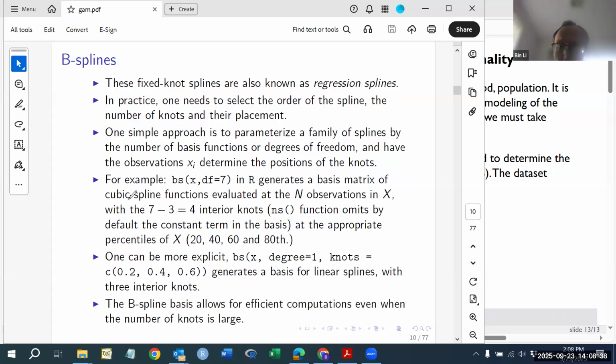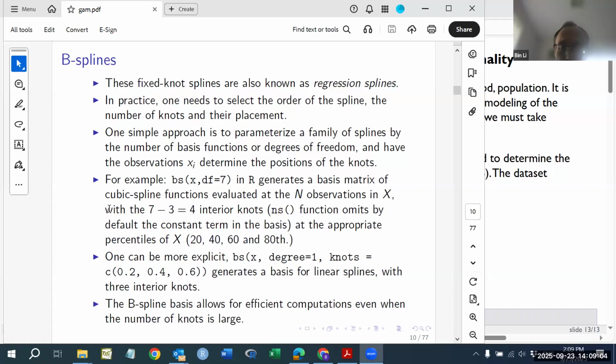Of course, here you can specify whether we use a cubic spline or not. If you want to use a linear spline, not a cubic spline, then you can just set the degree to be 1. But by default, the degree is 3. The B splines allow efficient computation even when the number of knots is large.